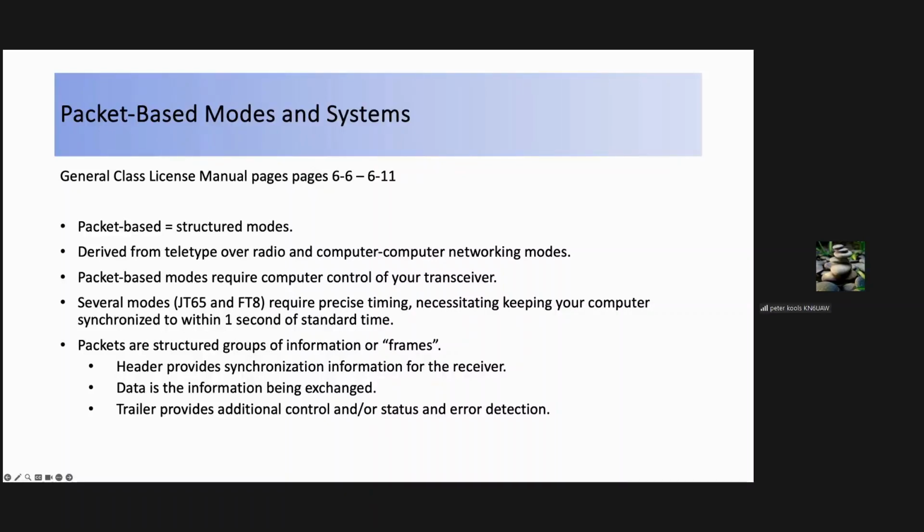Packet-based modes require computer control of your transmitter and your receiver. So you can't do packet listening like you can with CW or phone. There are several modes, 2 in particular, JT65 and FT8, that require very precise timing. So your computer clock has to be synchronized to within 1 second of standard time.